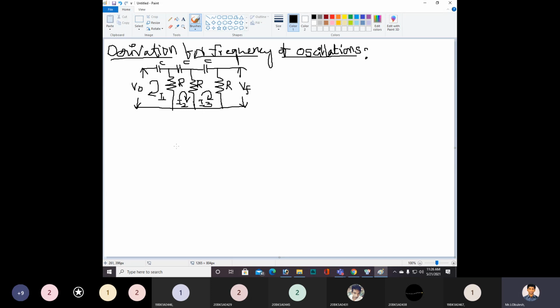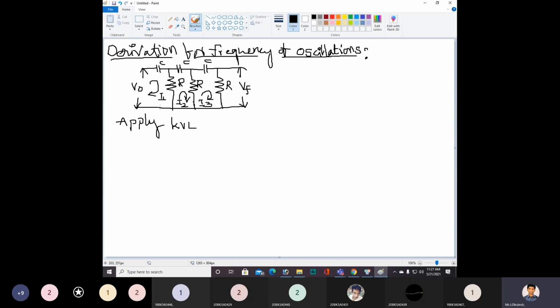So we need to calculate the transfer function of the RC feedback network with the help of the RC feedback circuit. Here we need to apply KVL for various loops.